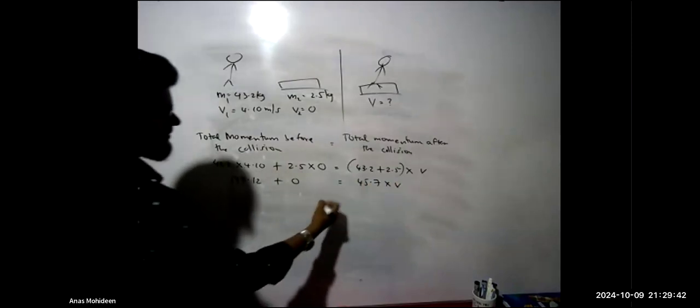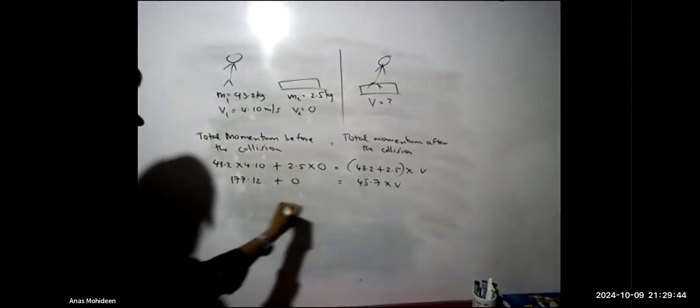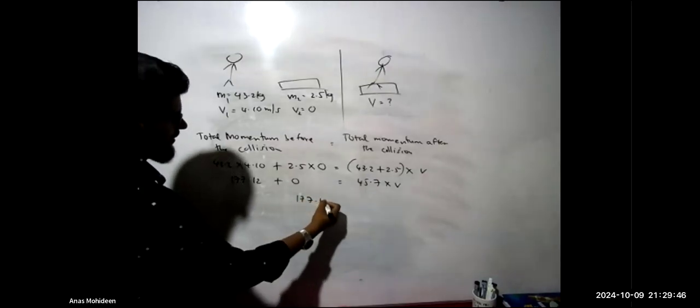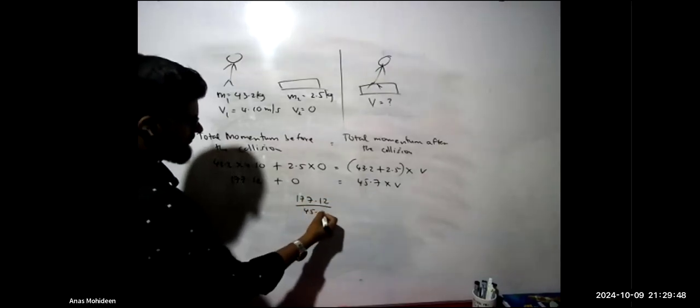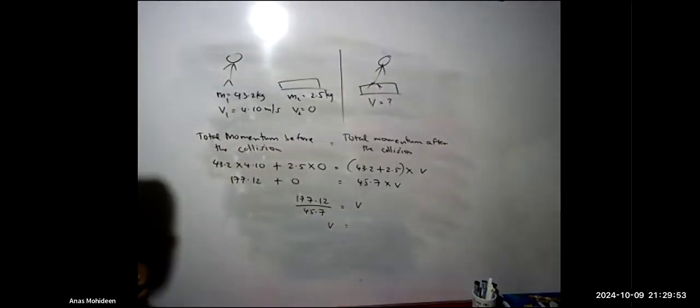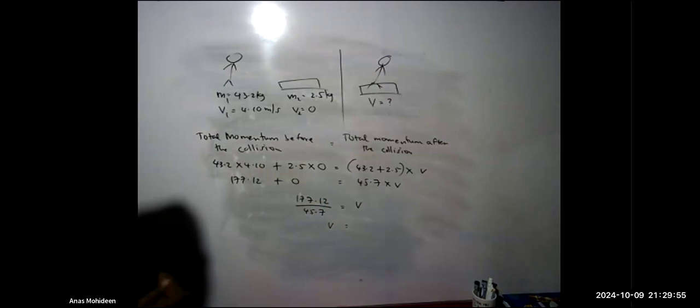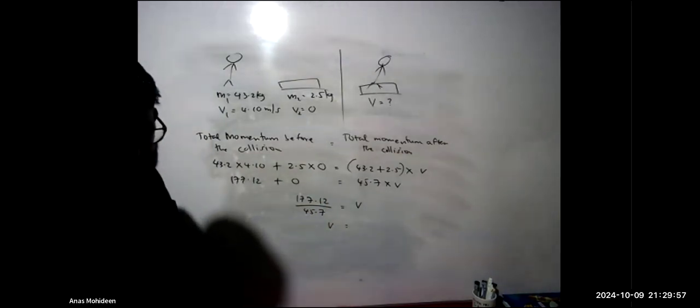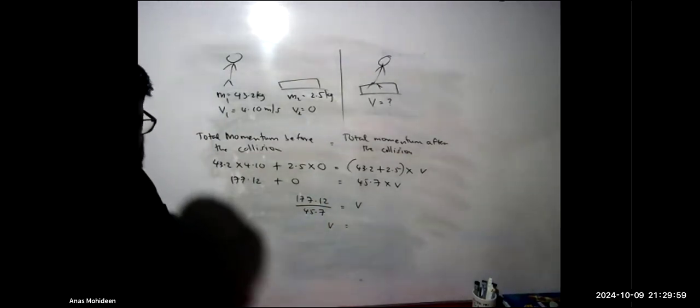So what are you supposed to do? You have to take this 45.7 here. So 177.12 should be divided by 45.7 is equal to V. Okay. So I got 3.87571116.